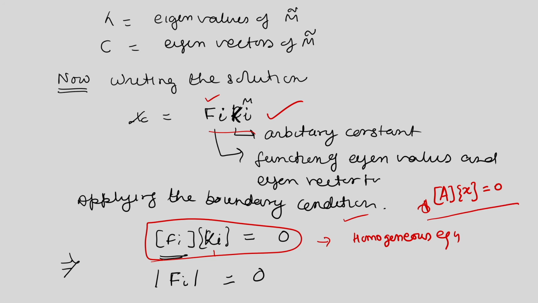In that case, there is the trivial solution that all x i is 0, and the non-trivial solution. If a system is having a non-trivial solution, meaning a unique solution, then if it is a matrix, the determinant of that matrix must vanish, that should be 0. This is the condition.